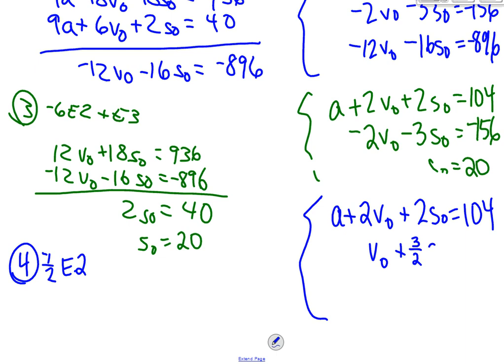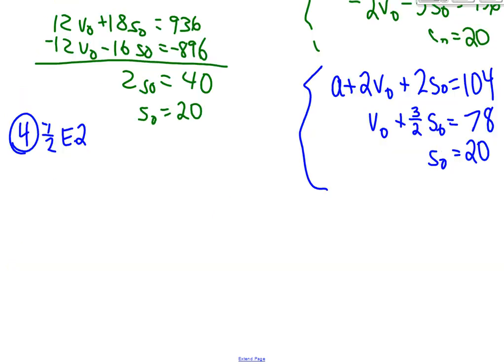Plus 3/2 S sub 0 equals, what's that last term going to be? What's negative 1/2 times negative 156? 78. And S sub 0 equals 20.